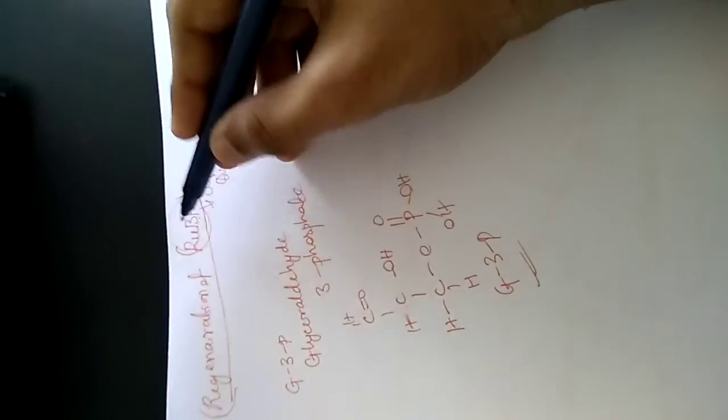So once we have G3P, the problem is, how can you regenerate ribulose bisphosphate? Now this is actually formed by two steps. If you remember, in the first step, we took this molecule.